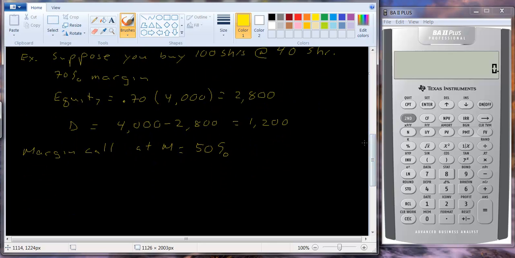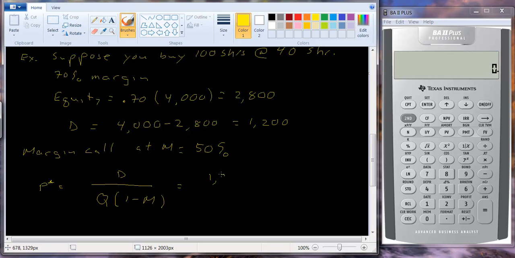Let's find the price that gets you that margin call. Well, what did our formula say? Our formula said the price that will get you a margin call is equal to the debit balance divided by Q times 1 minus M. So let's just plug in.